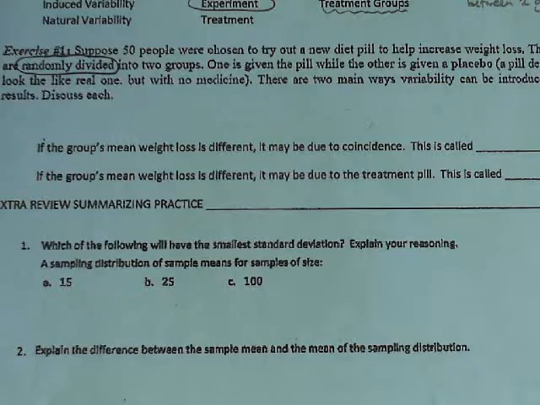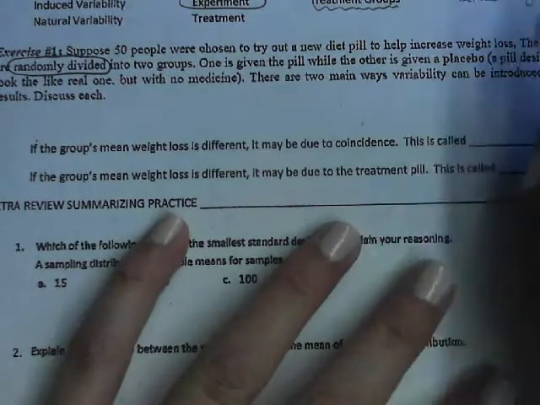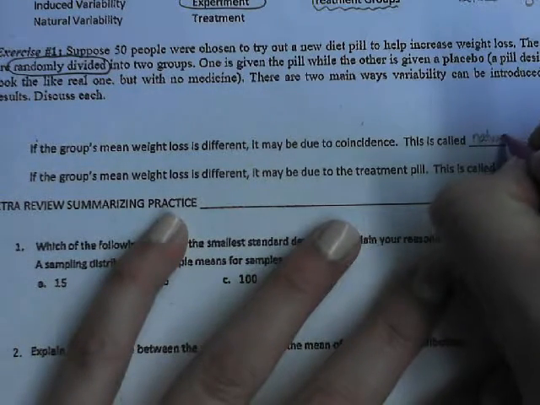Is that extra tenth of a pound due to the drug, or did it just so happen, by natural variability between people, that you coincidentally placed people in the one group that are more likely to lose weight just because they're heavier to begin with and have more weight to lose? If it was due to coincidence, that would be called natural variability.